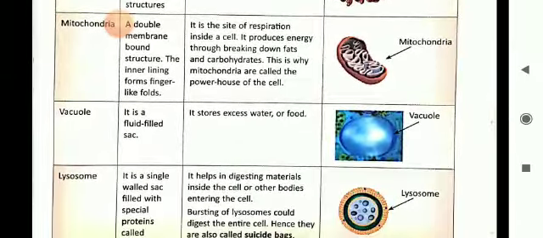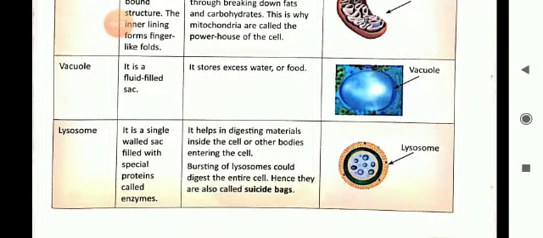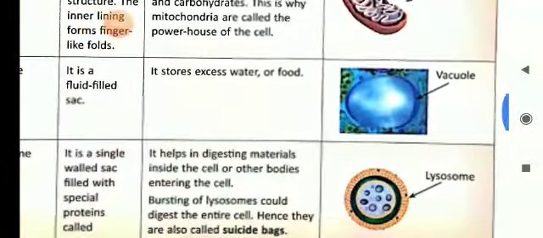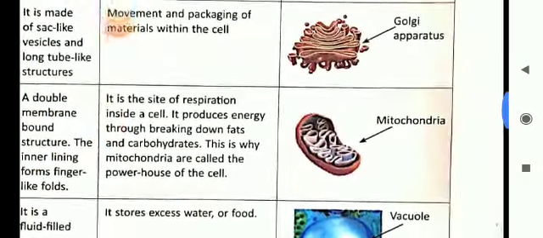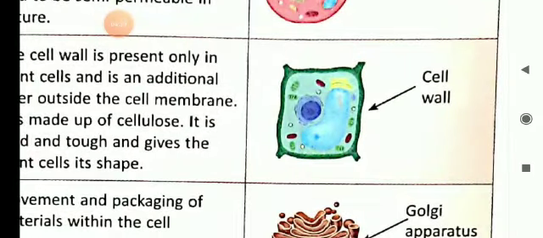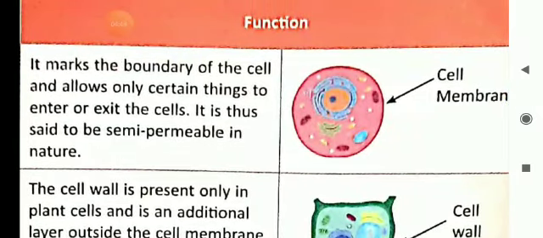Fifth is vacuole. It is a fluid-filled sac. Vacuole, you can see in plant cell, a large vacuole is there. The blue colored structure in between the cell is known as vacuole. But in animal cell, many vacuoles are there, but they are very, very small in size.